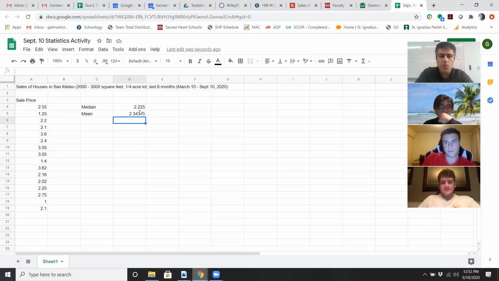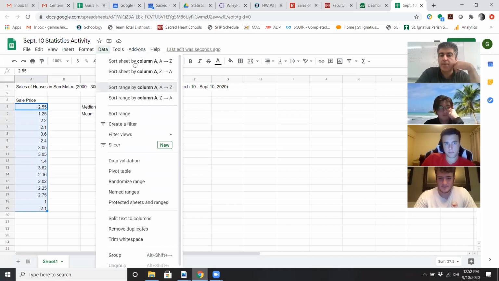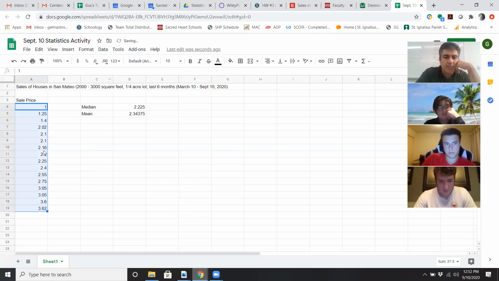So what's causing this mean to be a little higher than the median? What do you guys think? Well, the median is the average of just 2 points right in the middle. So let's rank this data. It's always good if you can rearrange your data. If we rank it, we see that we have a total of 16 homes.